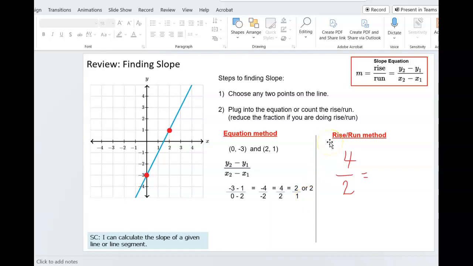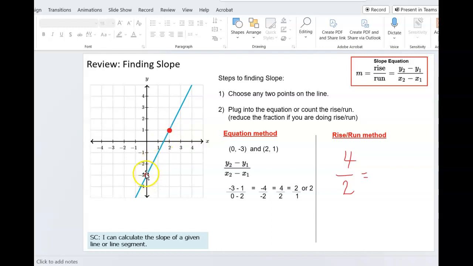For the rise over the run method, we just counted off of the graph. So I'm going to count how many spaces up and how many spaces over, or how many spaces rise and how many spaces run I need to get from one point that I identified to the other.